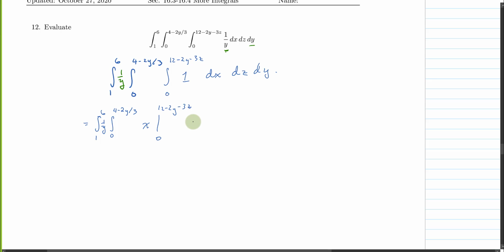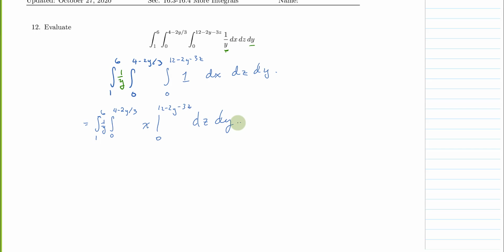And then the next integral is dz dy. Okay. Does anyone have any questions about what I just did there? Because I think sometimes in these triple integrals it starts to get a little muddy. Okay.